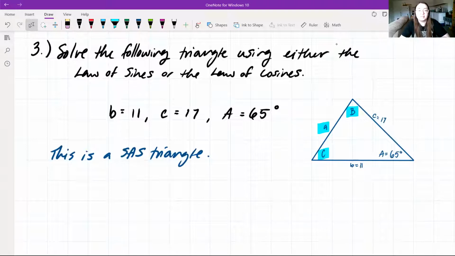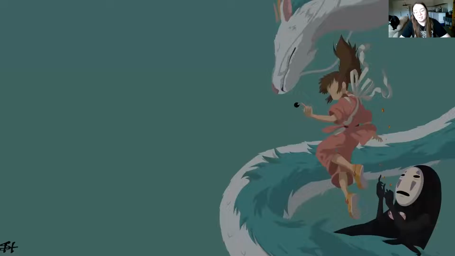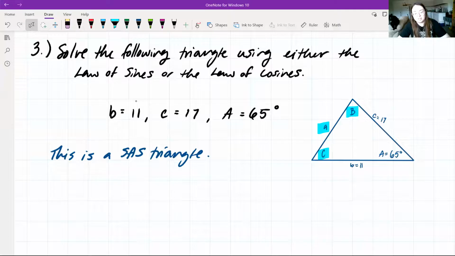The law of sines, remember, tells us that sine of angle A divided by side length A is equal to the sine of angle B divided by side length B, which is also equal to sine of angle C divided by side length C. So we don't have all the pieces to use the law of sines, and the law of cosines uses basically two sides and an angle, which is exactly what we have. So it's going to be easier for us to use the law of cosines.